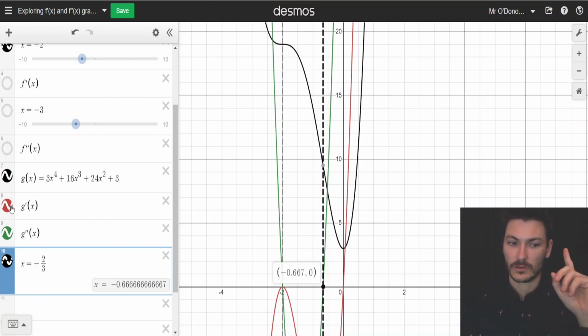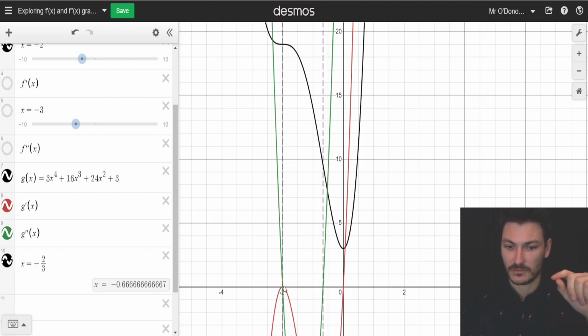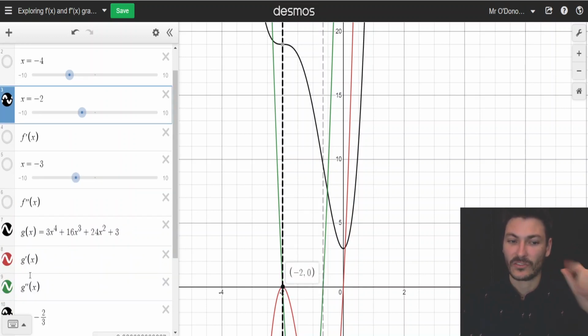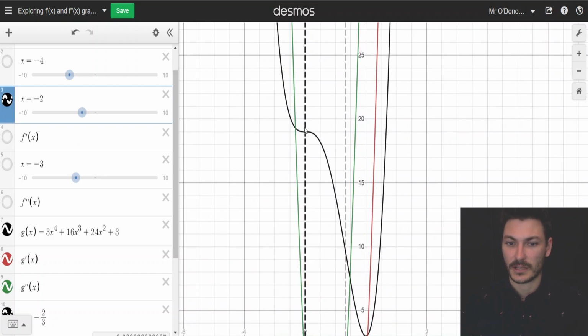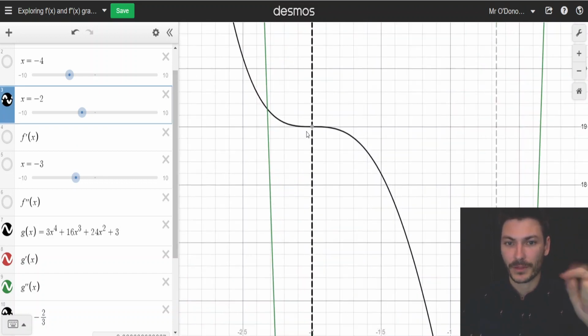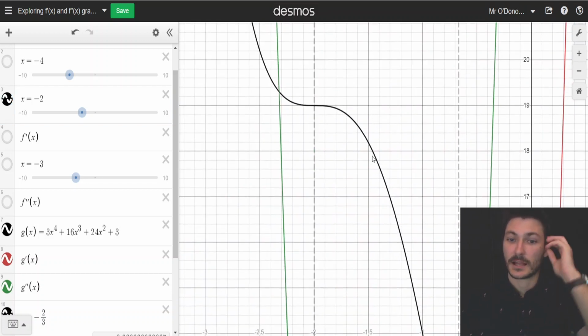Now, quickly, the red function intercepts at -2, and so does the second derivative, which indicates, if that's the case, that on the original function, that x-coordinate, so here at -2, is both a stationary point and a point of inflection, and we call them horizontal points of inflection. So we get concave down into concave up, but it's not a turning point.